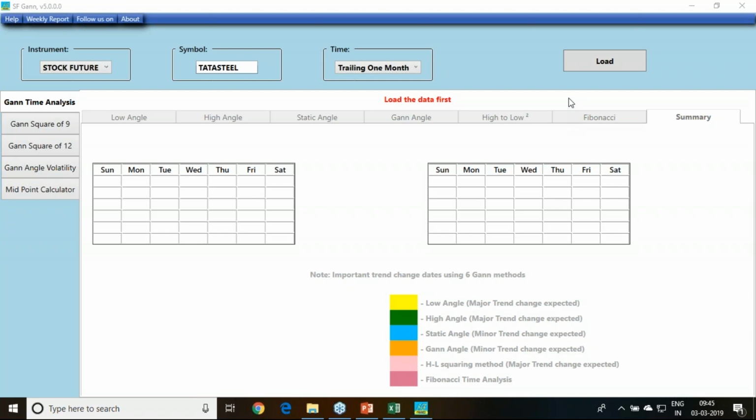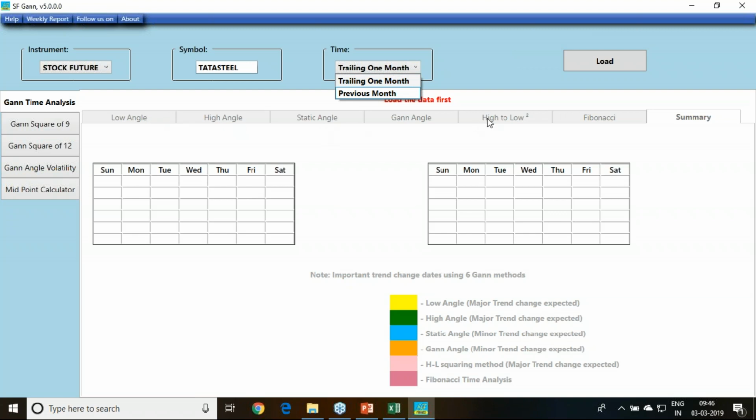And those days you can do small trades. Trend reversal means that day the trend won't be clear; sometimes it will be positive, sometimes negative, and somewhere in the range itself it can close.